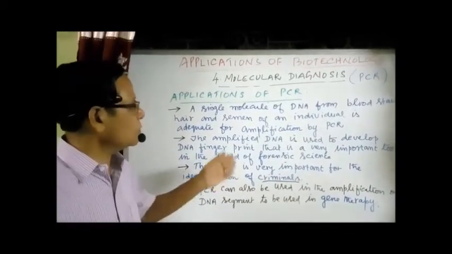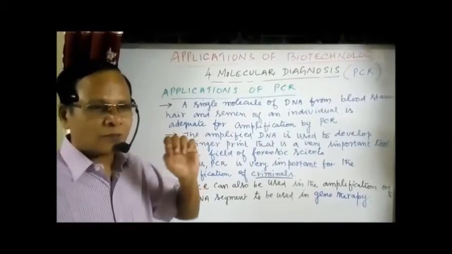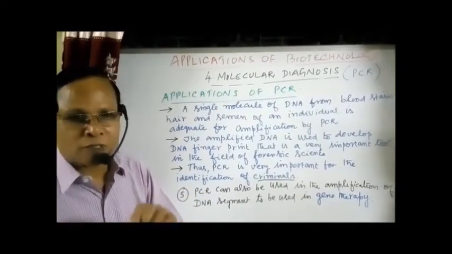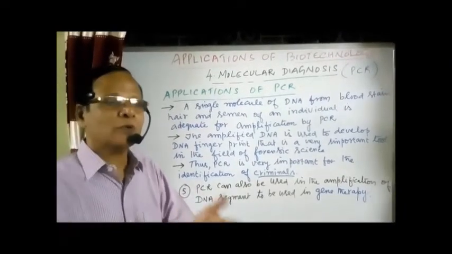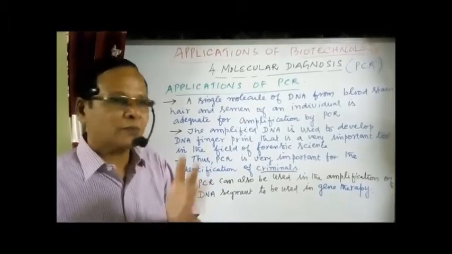So that's about the role of PCR in forensic science, for amplification of DNA that is used to develop the DNA fingerprint, which is an important tool in forensic science. Thus we can identify the criminals.